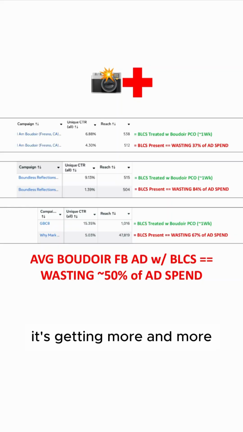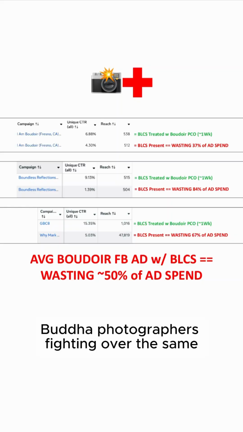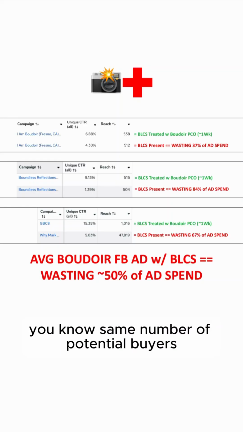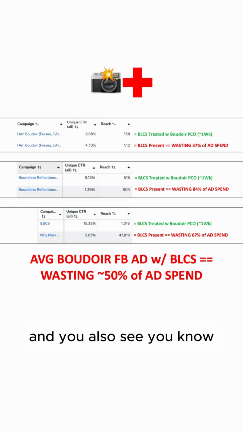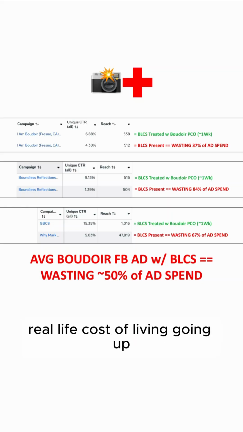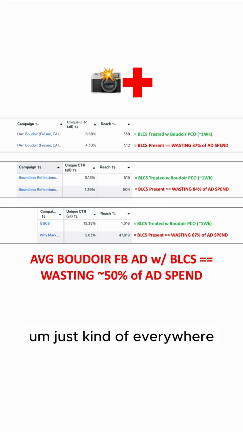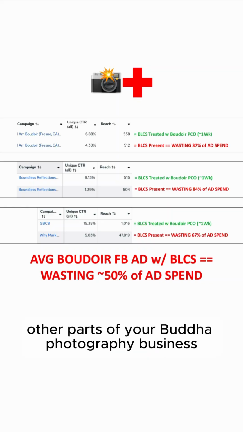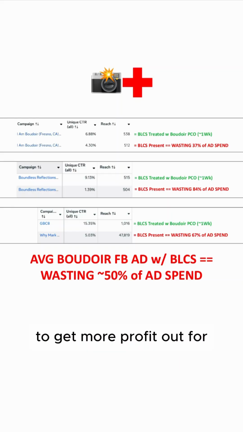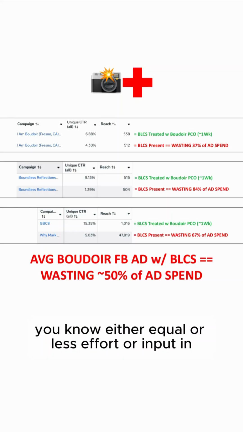So you see more boudoir photographers fighting over the same number of potential buyers, so it's more competitive and harder to stand out. And you also see inflation and the cost of living going up just about everywhere. And you've already been optimizing other parts of your boudoir photography business to get more profit out for equal or less effort or input in.